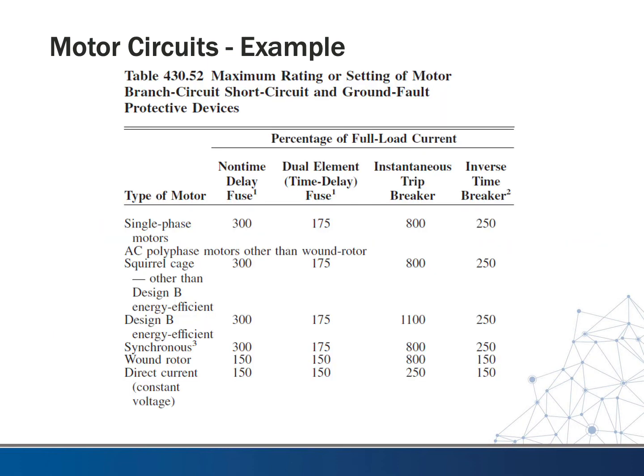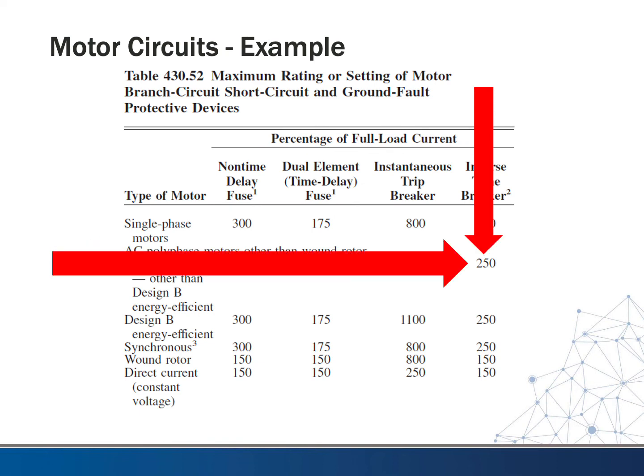So here's 430.52. Again, we're going to stay in the inverse time row. We're an AC polyphase motor. So we come across, and our maximum is 250, so 250% of the full load amps, not the MCA, but the FLA.